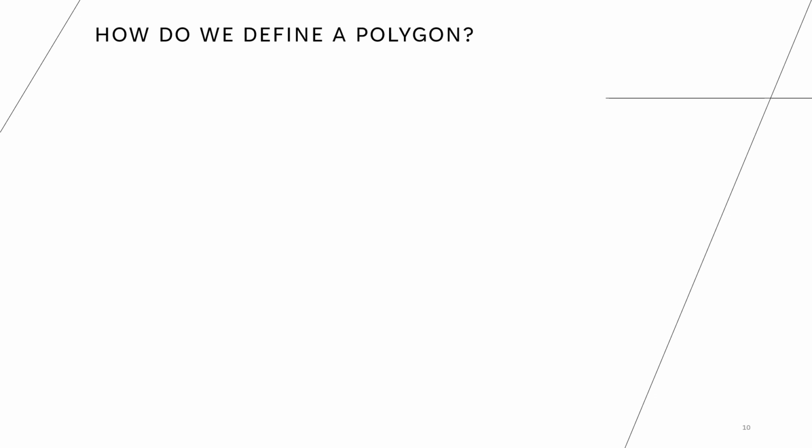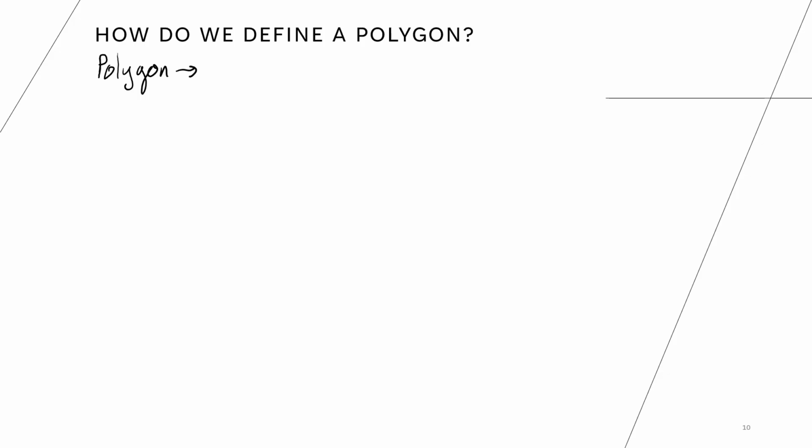So how do we define a polygon? A polygon is kind of our general word for a shape with straight sides, but we want to be formal and precise with that. So we define a polygon as follows.